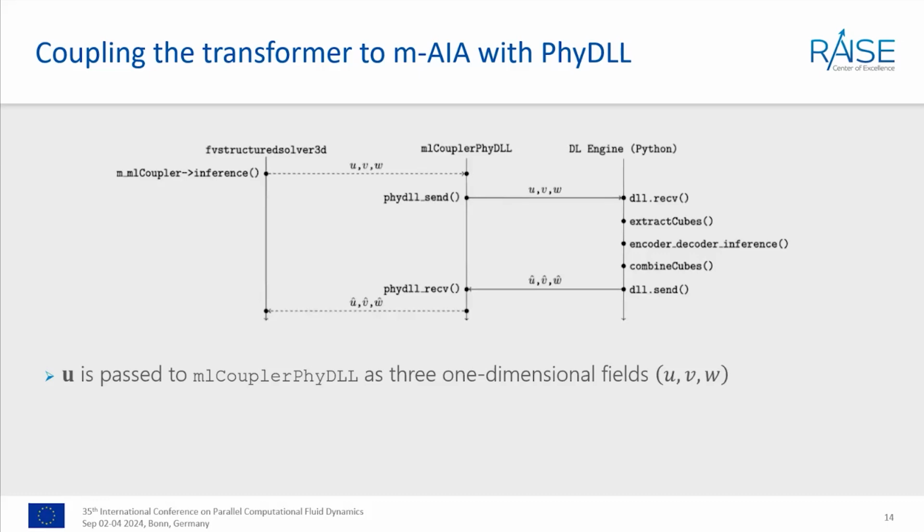To show you a bit of a flow chart of how this looks: we have the finite volume structured solver, which is basically the m-AIA solver, which sends the velocity fields to this ML coupler FIDEL. This ML coupler then sends these velocity fields to the DL engine. So these are m-AIA send and receive commands. Then the DL engine itself does a few steps within the transformer inference code.